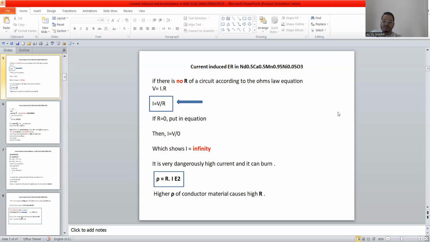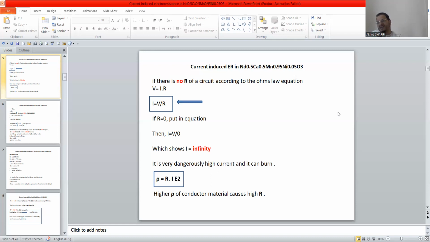When the resistance equals 0, let's say it's a perfect metal and it doesn't have any resistance, what will happen? That means from Ohm's law, I equals infinity, because like we know, any amount divided by 0 equals infinity. What does that mean?